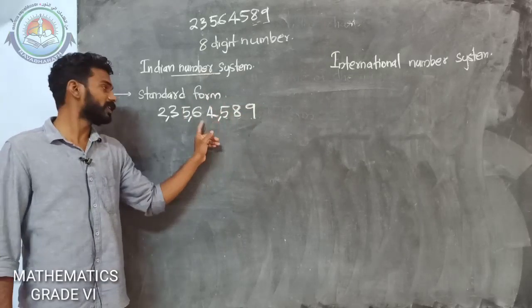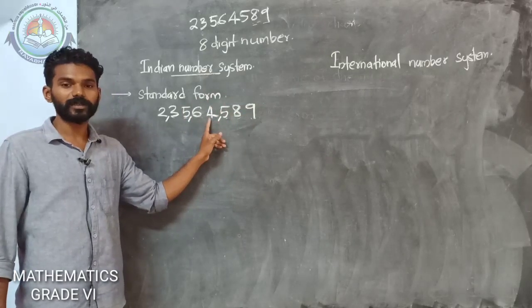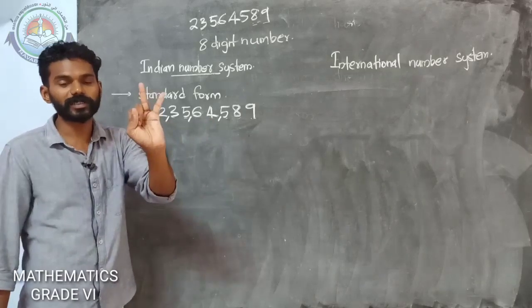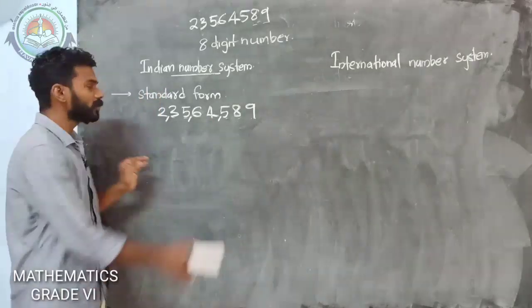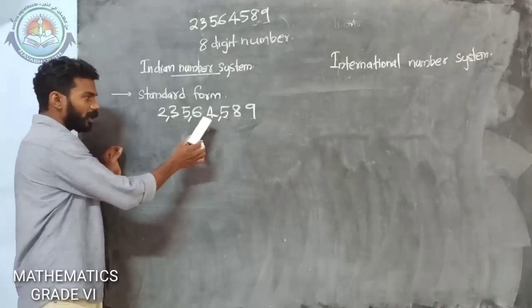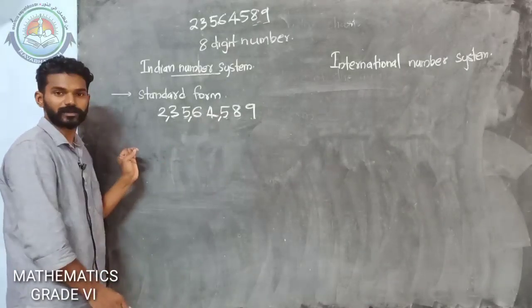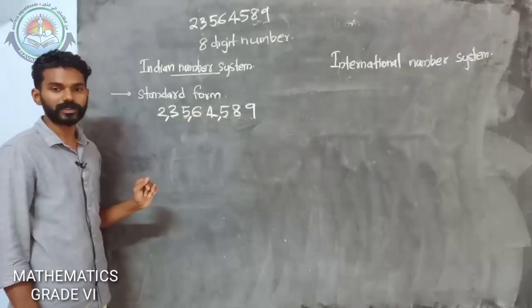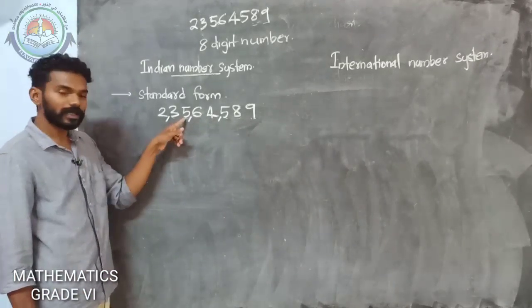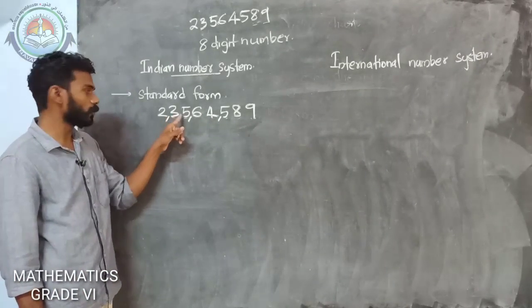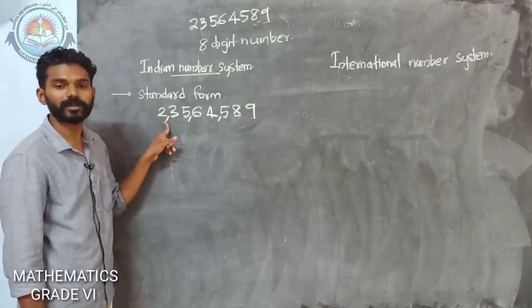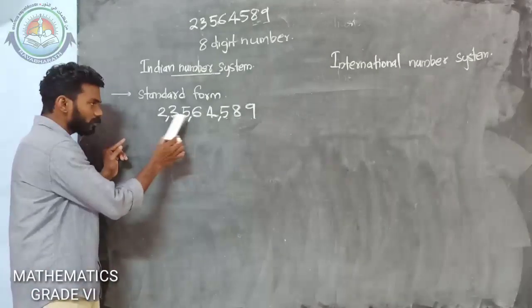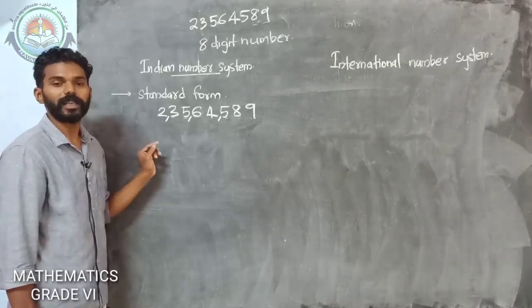Then there is period of thousands, and in thousands there are 2 places. So you should put again a comma after 2 places, so that these 2 places represent the period of thousands. Thereafter, again after 2 places you can put another comma, so that these 2 digits represent the lakhs place.